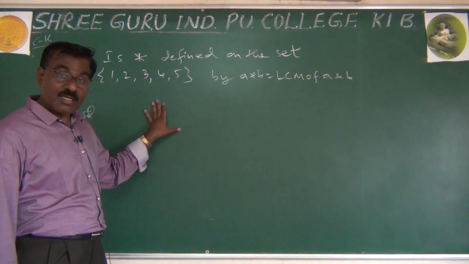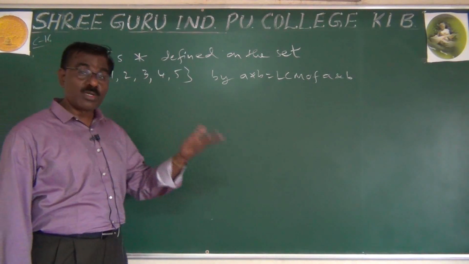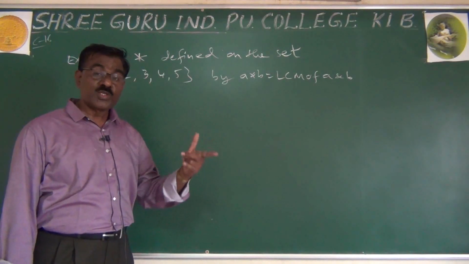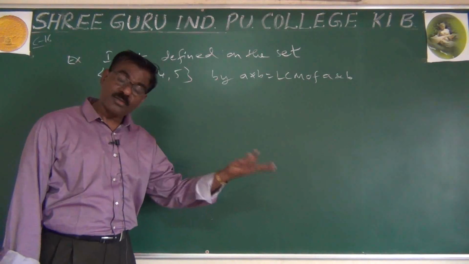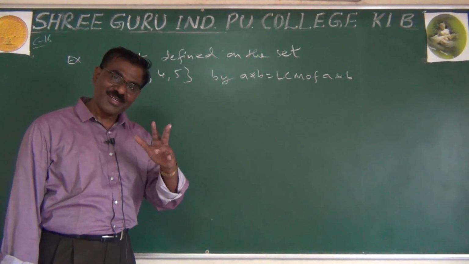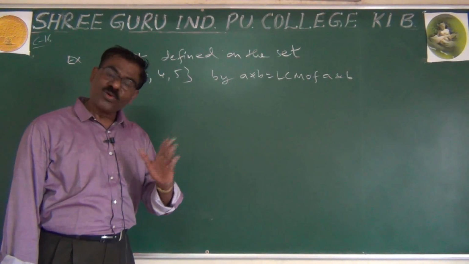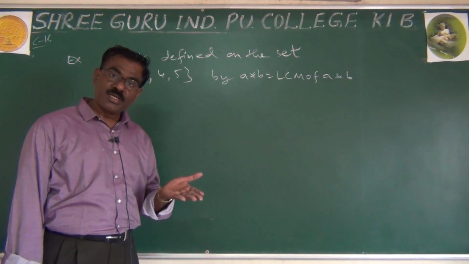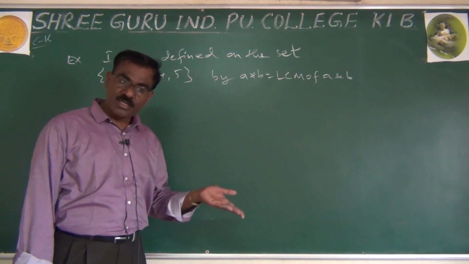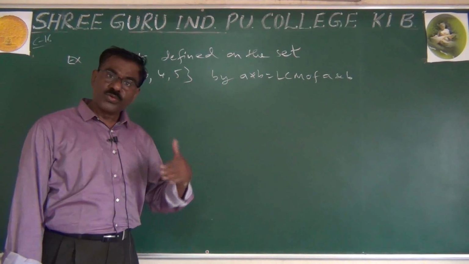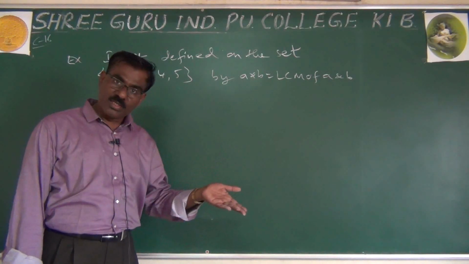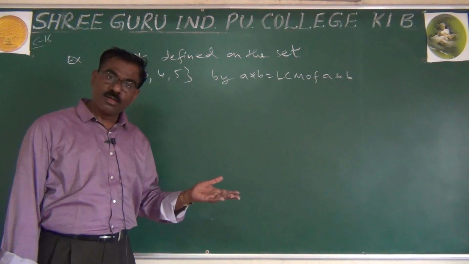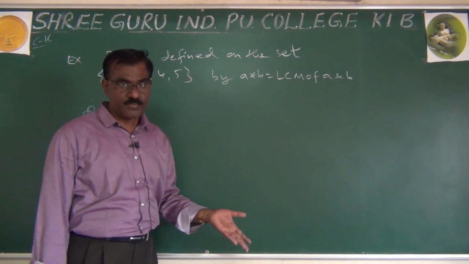When the set is finite, the table we produce is called an operation table. Repeating once again, what is the operation table? The given set is finite, and we show it through a table. That is called an operation table.